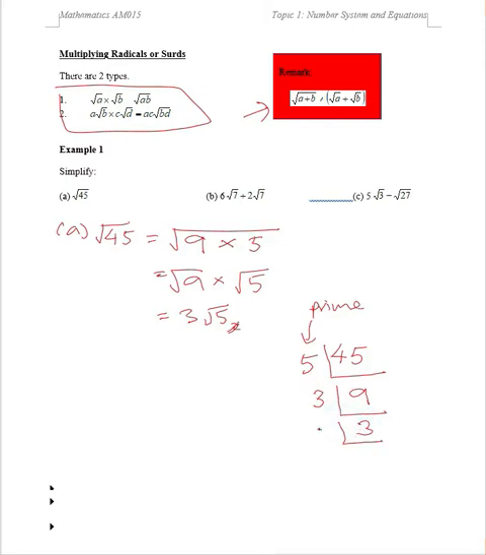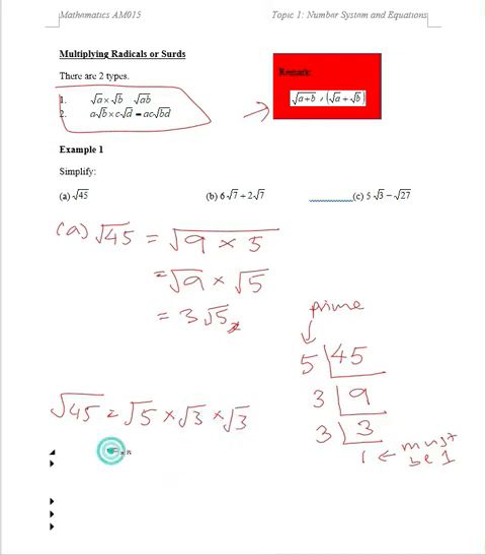And then you can also divide 3 again by a prime number, which is itself, and the final answer is 1. Make sure your final answer must be 1. And all of the numbers here must be primes. So this means surd 45 can be written as surd 5 times surd 3 times surd 3.